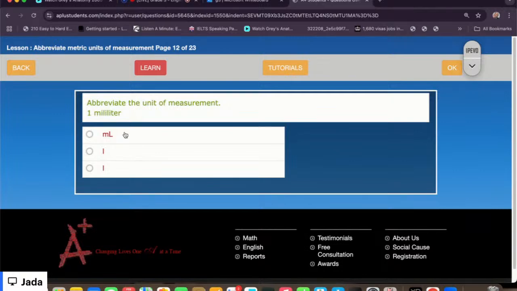What do we have? All right, so it's ml for the milliliter.